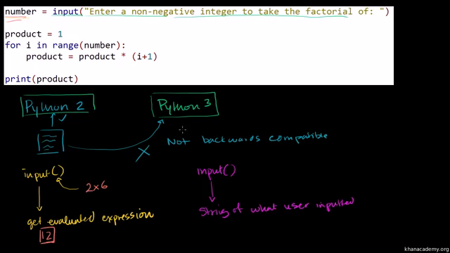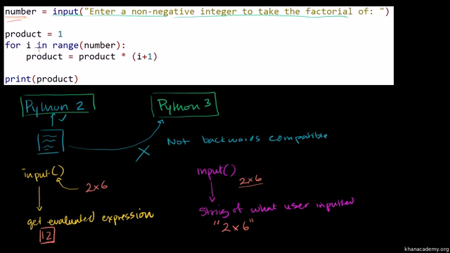In Python 3, if we just did this, and the user inputted 2 times 6, then what's stored in the variable number, what's returned from this function right over here, is not going to be 2 times 6 evaluated. It is going to be a string of characters that says 2 times 6. So this is this string, and string is really, you can just view it as a string of characters. You can kind of view it as some text that's not actually interpreted in any way.